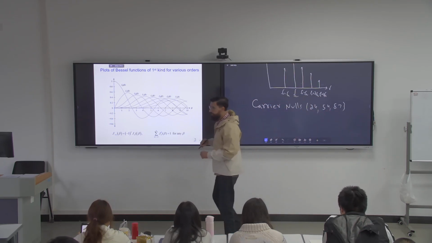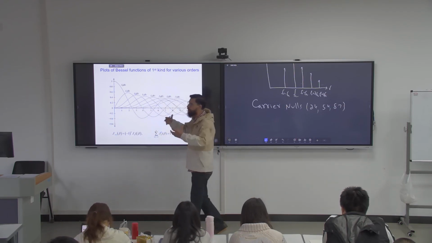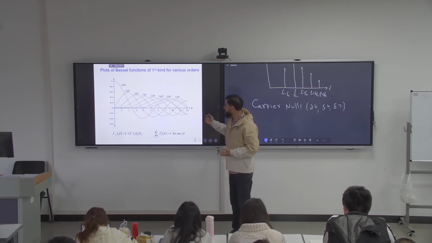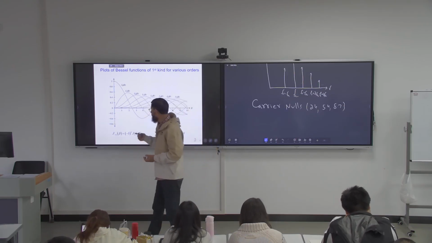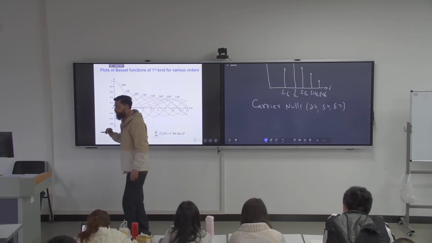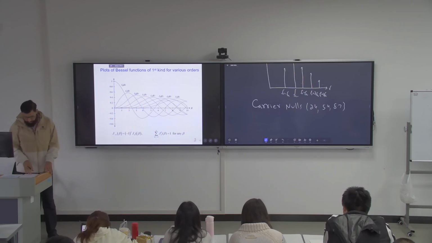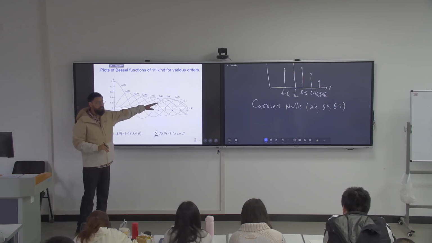What happened here? All the power contained in the carrier at these points is transferred to the sideband, right? This is what carrier null means. So we have an oscillatory waveform, we have carrier nulls, and this oscillation goes positive and negative, right?